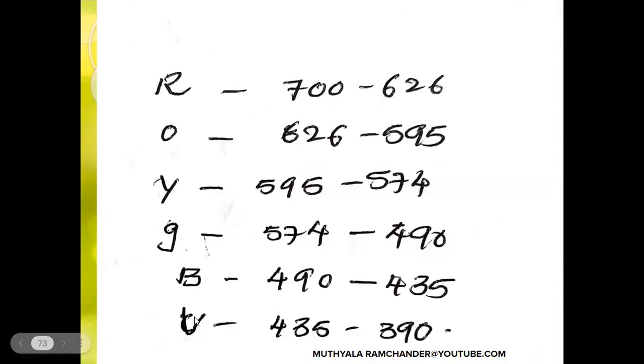So these are 7 colors. The VIBGYOR colors make different types of spectrum from this visible light.